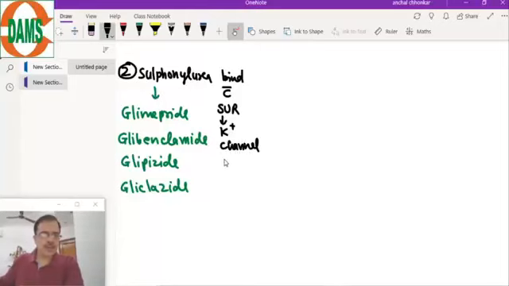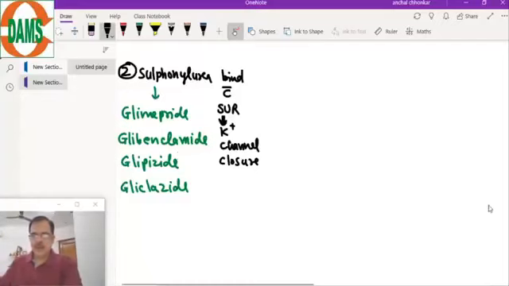So potassium channel closure occurs on that beta cell. They bind with sulfonylurea receptors. This is the mechanism of action.